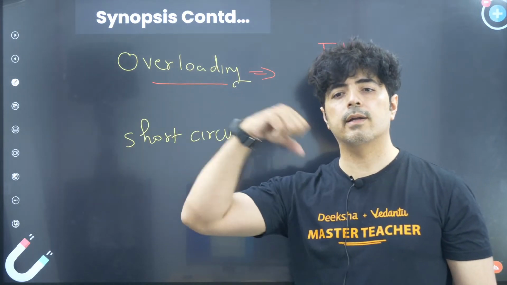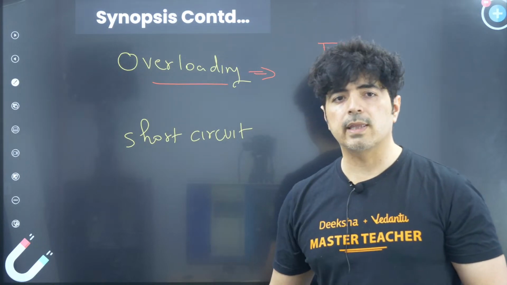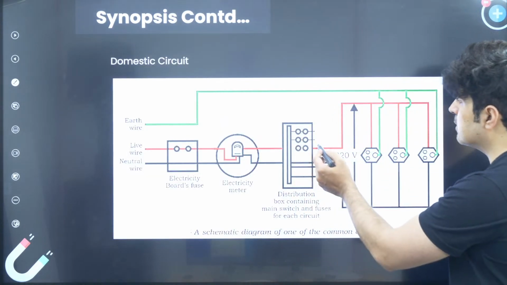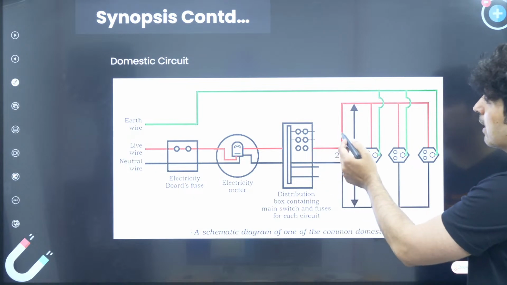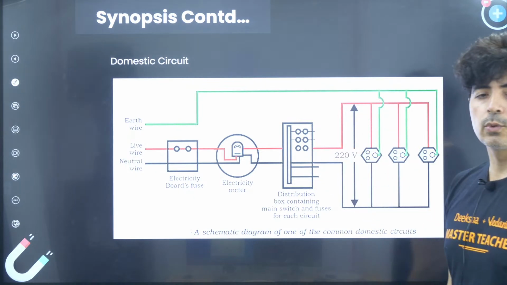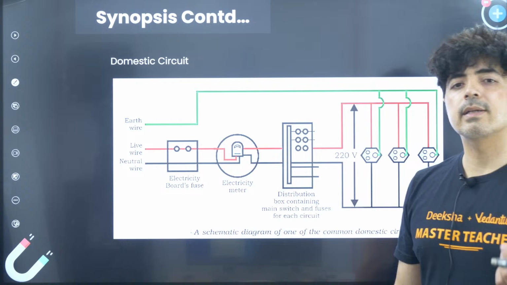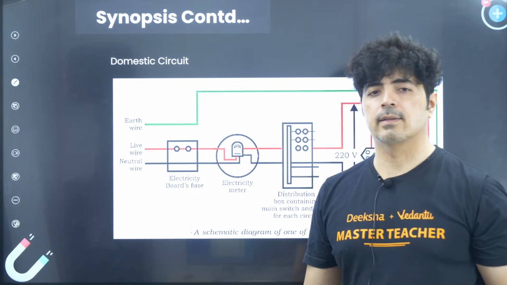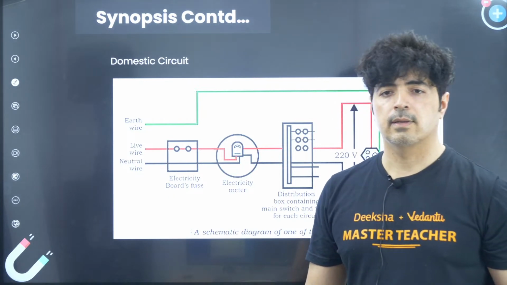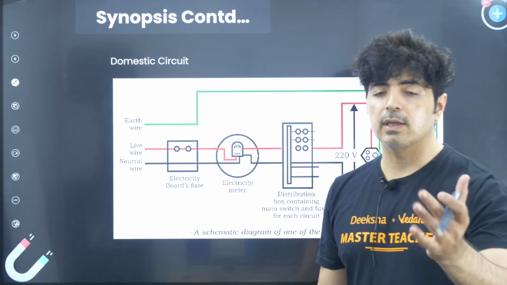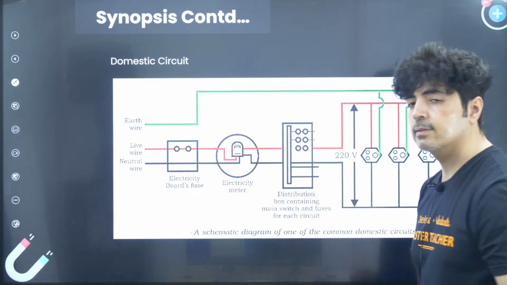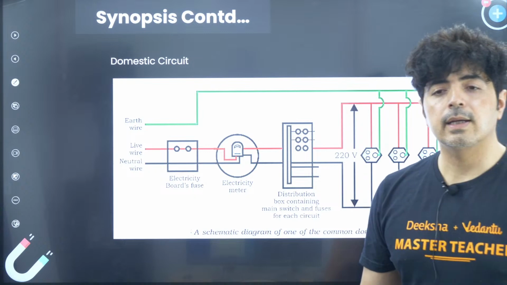So when the extra current comes into your house, from the live wire to the appliance, these wires are not able to handle that extra current. Why? Because of the heating effect of current, the wire becomes hot and eventually sometimes it catches fire.